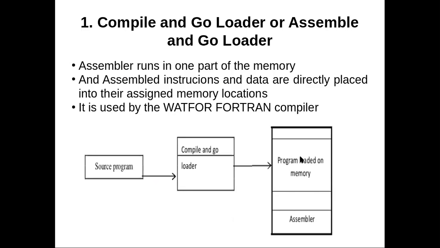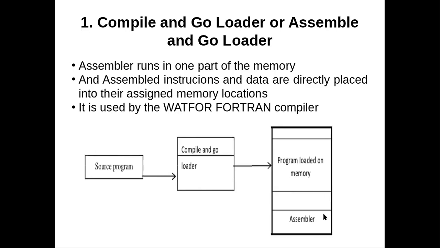In the compile and go loader scheme, the assembler program and the output of the assembler, that is the machine language instructions, and the data to perform must be loaded into memory. This particular loader scheme is used by a special compiler called the Fortran compiler. According to the diagram, we have the source program and the compile and go loader.